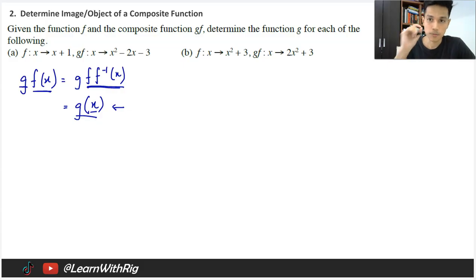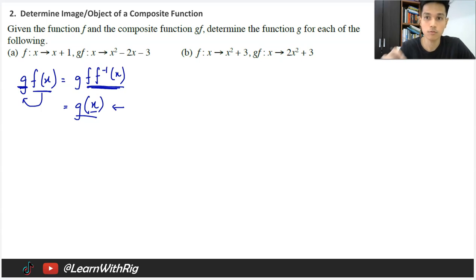Okay, so remember this special case, alright? If g(x), the function on the left, is not given to you, you cannot substitute this into the function on the left because it's not given. So what you're going to do is neutralize the f. In this case it is f(x), so you're going to neutralize it with f inverse(x).